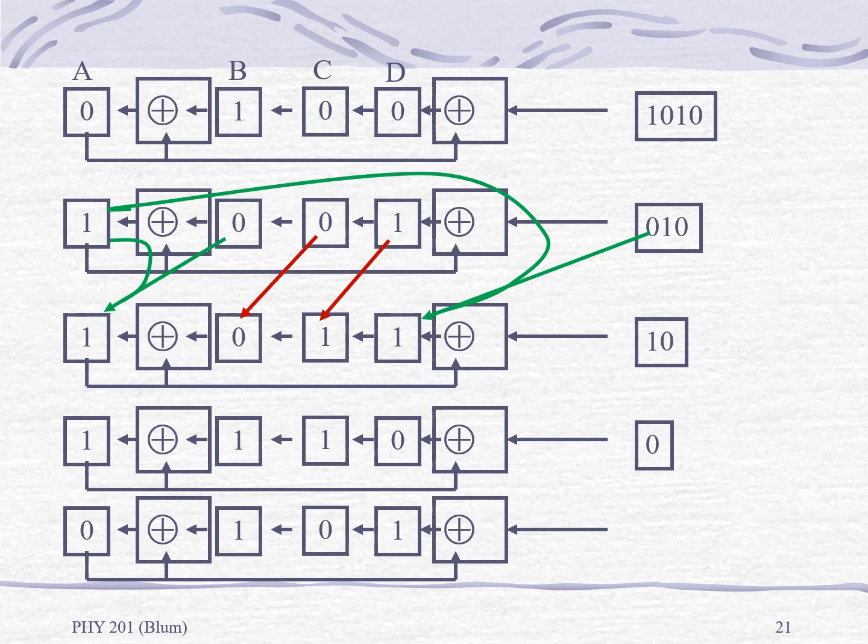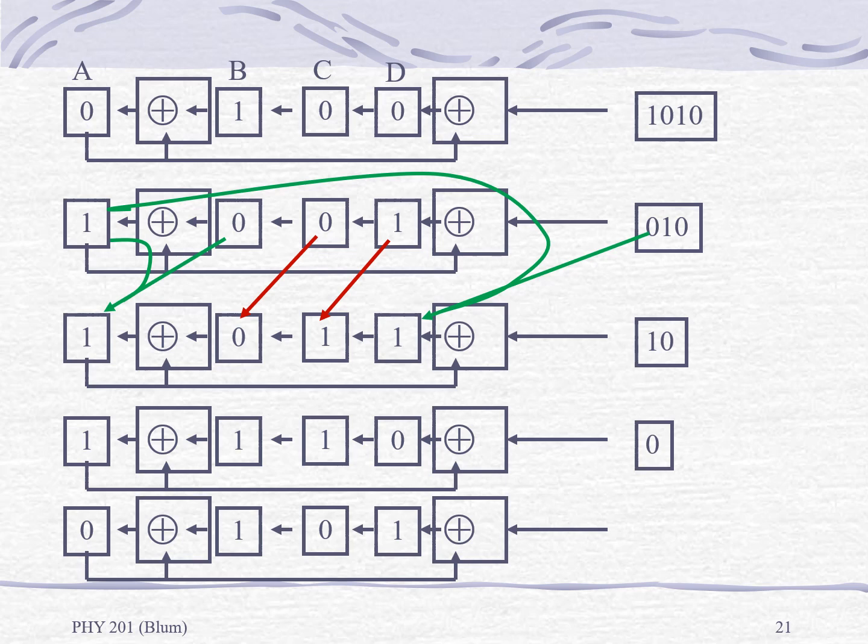So let's look at, again, going from row 2 to row 3. In row 2, in position C, we have a 0, and that simply shifts over, as the red arrow indicates, into position B in row 3. And in position D in row 2, that 1 just shifts over to position C in row 3, indicated again by the red arrow.